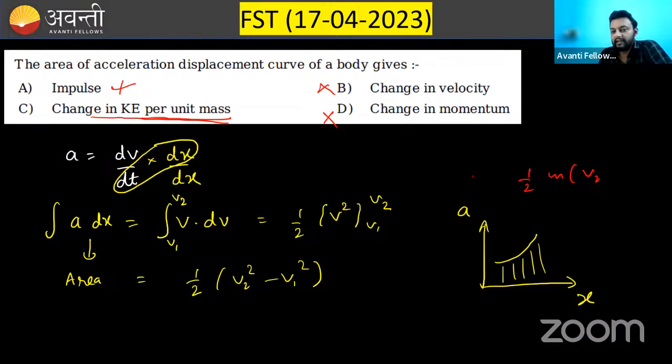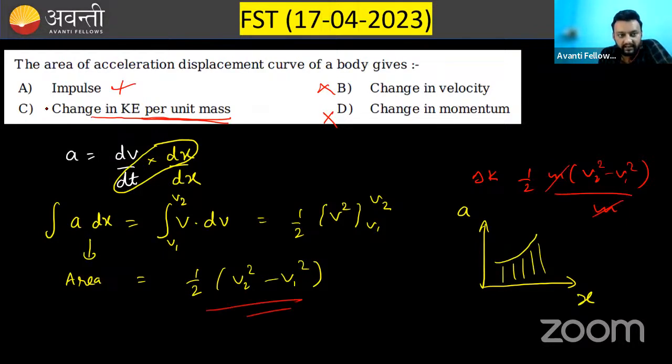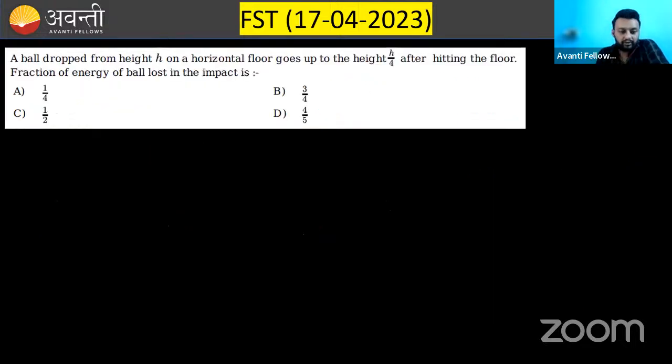This is what change in kinetic energy. So if I divide it with mass, it will become something like that. So this quantity is what? Change in kinetic energy per unit mass. As simple as that. Is the statement clear? How do we get there? Next question.